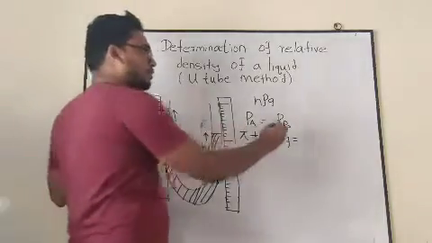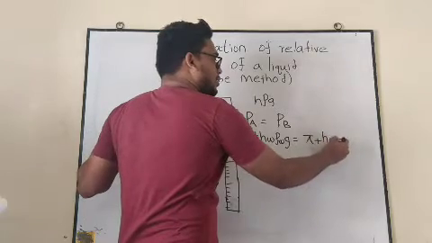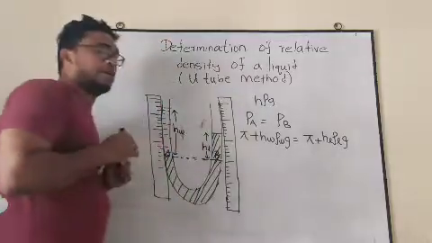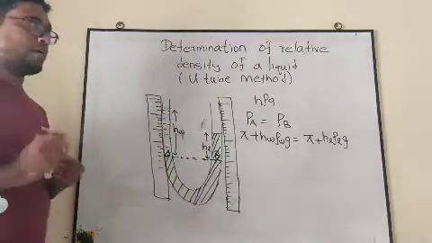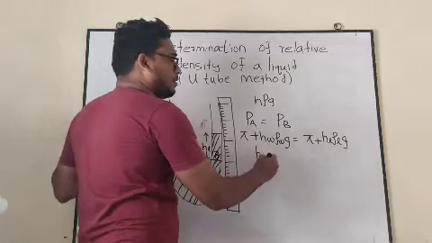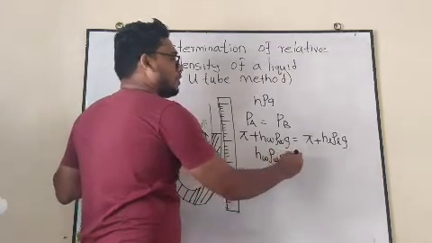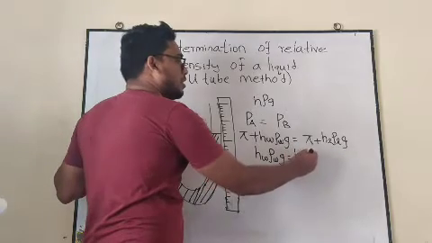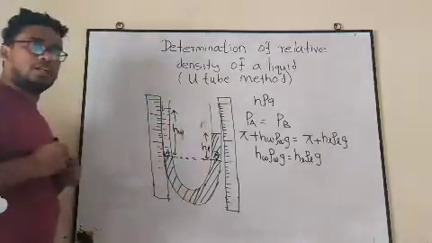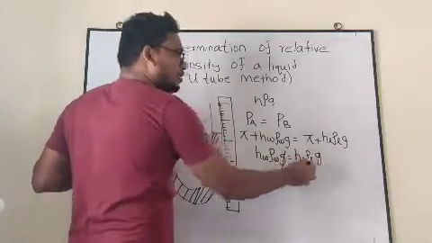That is equal to P atmospheric plus liquid height HL rho L G. Now equate: HW rho W G equals HL rho L G. So here the G cancels.